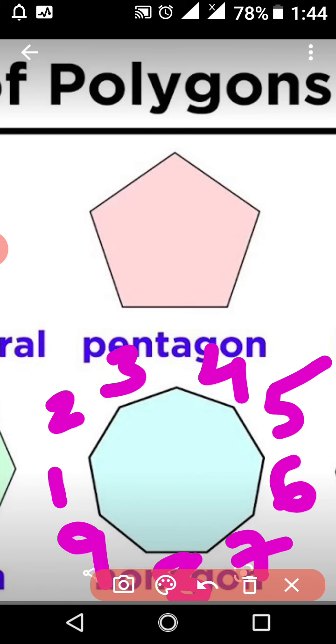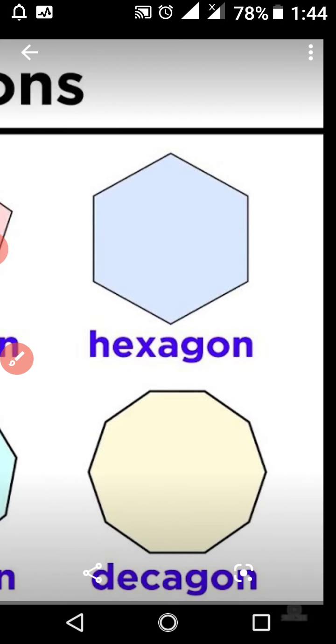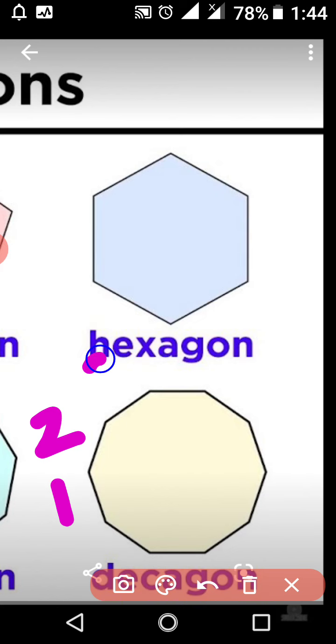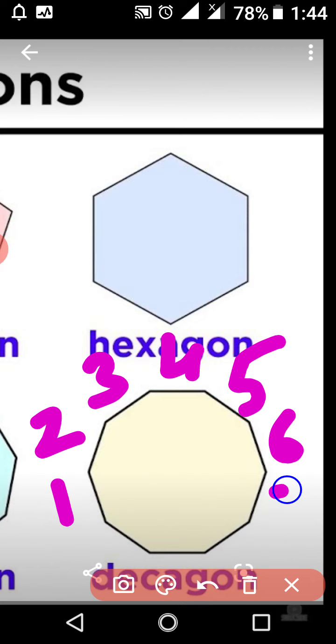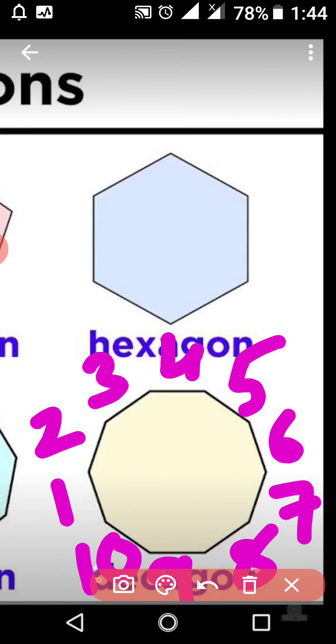So the polygon which has 9 sides is known as a nonagon. Now finally, 1, 2, 3, 4, 5, 6, 7, 8, 9, 10. A polygon which has 10 sides is known as a decagon.